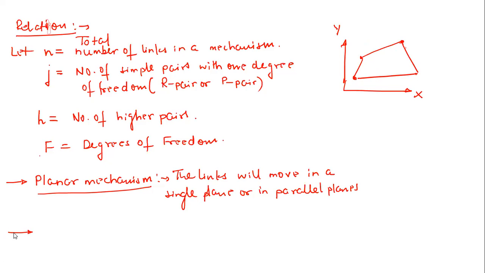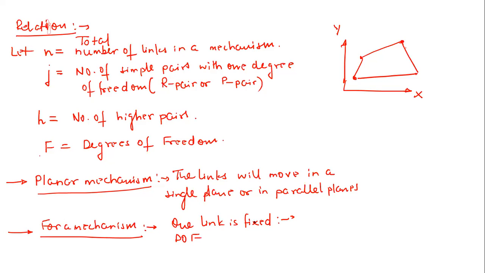Now let us calculate the degree of freedom. First of all, very important, for a mechanism we know that one link is fixed.